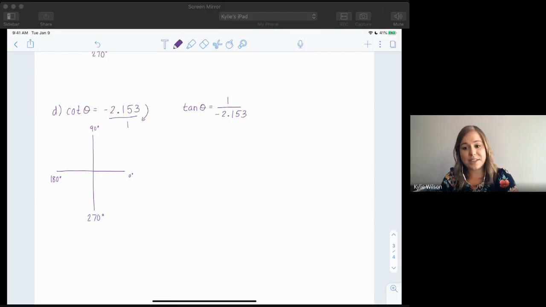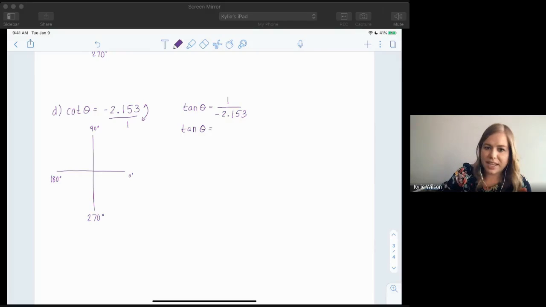So that's all I'm doing, just flipping this fraction, just like you would have before, but we have a little 1 under there. So I'm going to simplify this tan theta here, and that will give me 1 divided by negative 2.153. Oops, my calculator is dying and turning off. That will give me negative 0.4645.